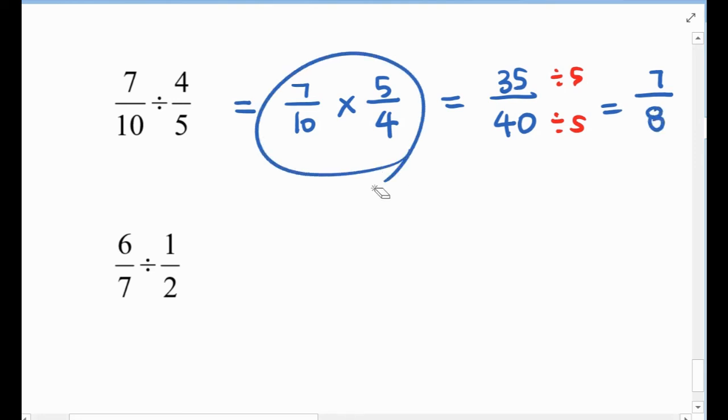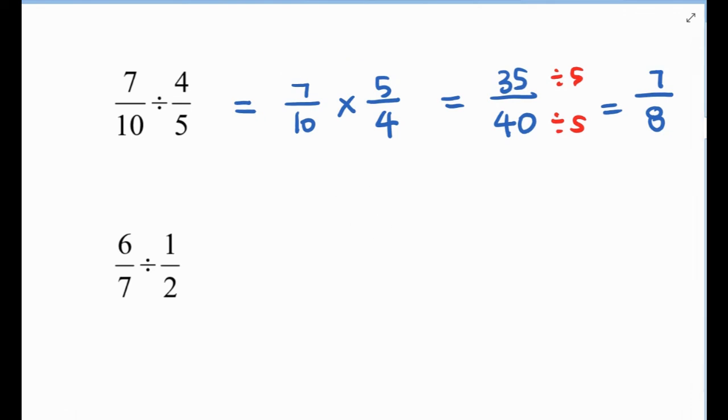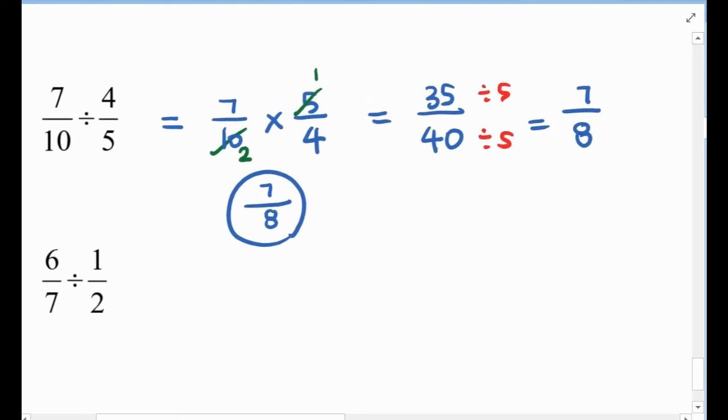Or we could reduce it in the process of multiplication. So 10 and 5. Let's divide both numbers by 5. Then 7 times 1 is 7. 2 times 4 is 8. 7 over 8. Either way, you get the same number. Right?